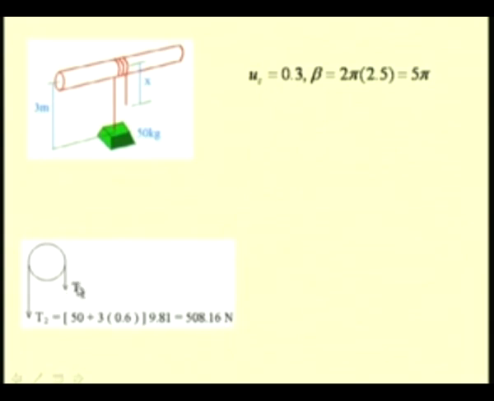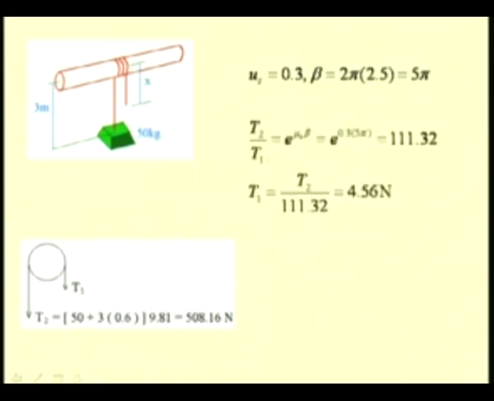So, if T1 is the tension on the side where the rope is suspended for a distance of x, which has to be found. We know this relation between the tight side tension and the slack side tension. For equilibrium, it has to be e to the power mu s beta, which is 111.32 for this case. From this we find T1, the tension on the slack side, has to be equal to 4.56 newtons.